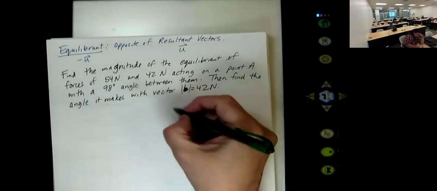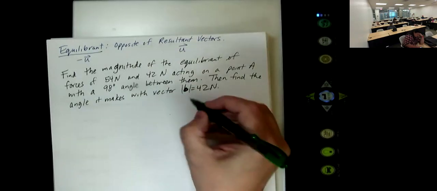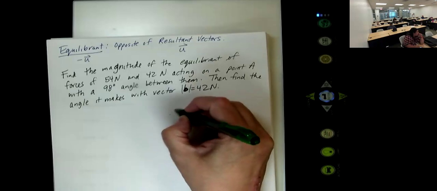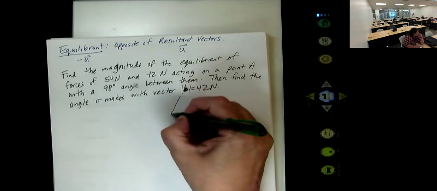So pictorially, 98 degrees is bigger than a right angle, so it's kind of like that.